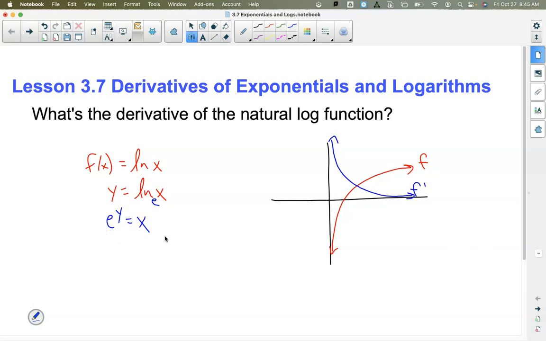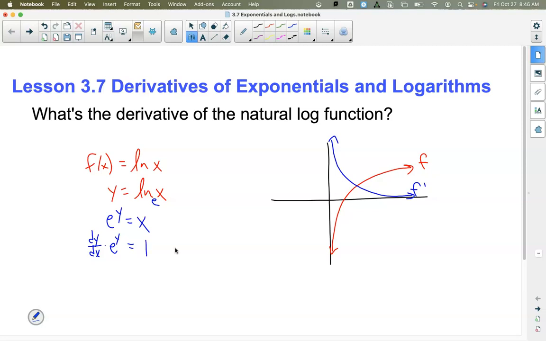We can differentiate this with respect to x. What is the derivative of e to the y with respect to x? Implicit differentiation. The derivative of the inside is dy dx, times the derivative of the outside at the inside, that's e to the y. Right? The derivative of e to the y with respect to x is dy dx times e to the y, equals, what's the derivative of x with respect to x? 1.